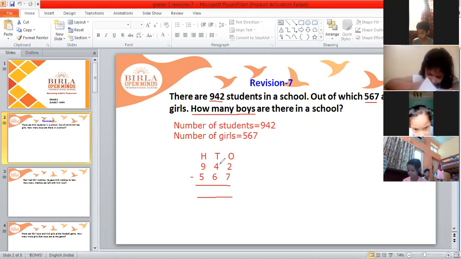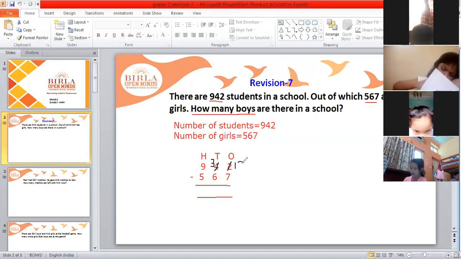Very good. So this 4 will become 3, and the 2 in ones place becomes 12. We will cut this 2 and write it as 12.